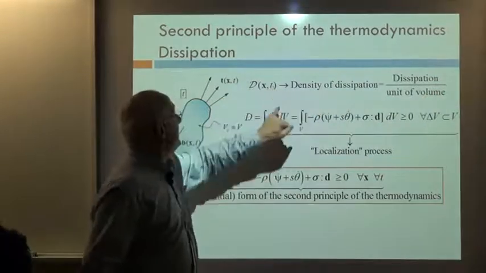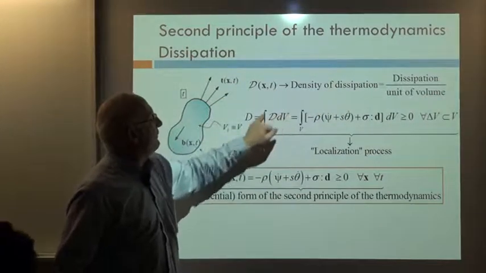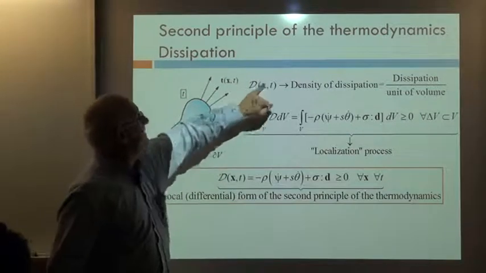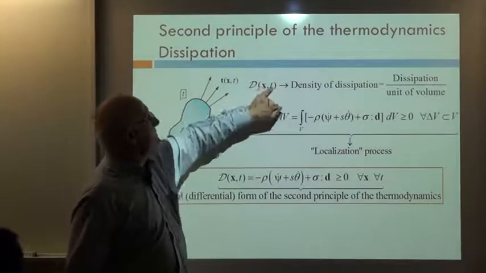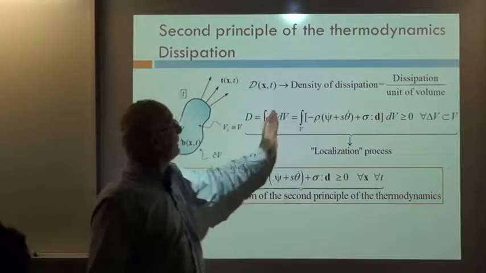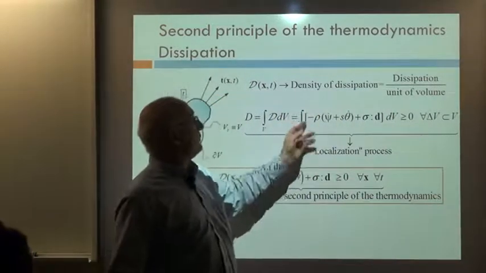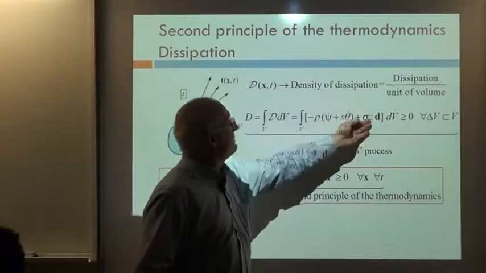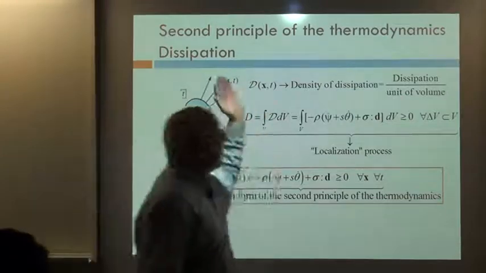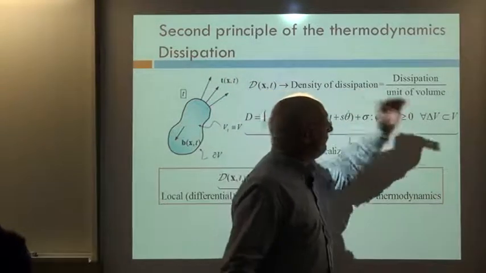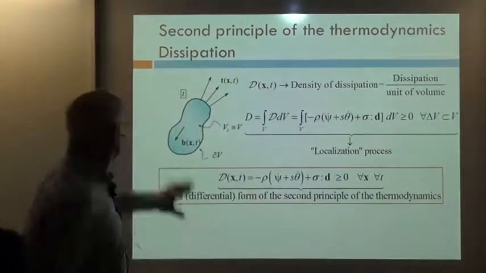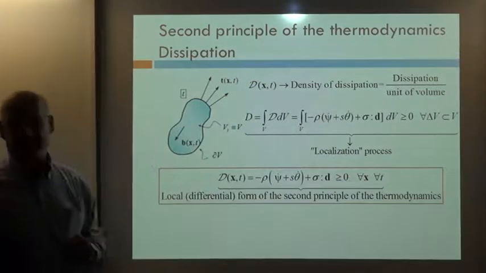This calligraphic D, integrated over the volume, is the total dissipation of the body. So this density of dissipation, which is a function of x and t, integrated over the volume, is equal to the expression we have seen before. These two terms refer to the mechanical dissipation, this term here refers to the thermal dissipation, and they have to be greater than 0 for every volume, every subset of the volume at this time t and at all times t.